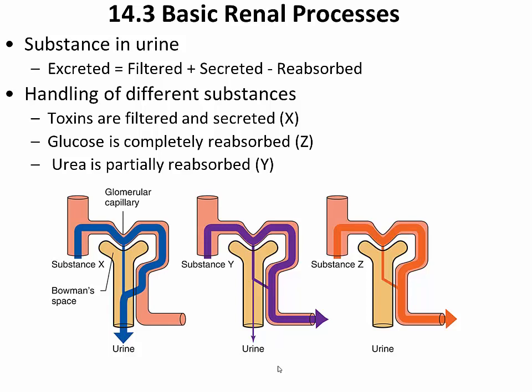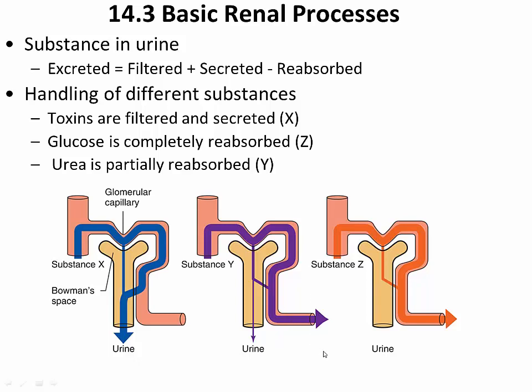And different products are handled in different ways, and we see depictions of each of these three manners on the screen. So toxins, for instance, like we see here, are filtered to some extent, and then whatever is not filtered is very likely, hopefully, we should say, secreted into the tubule and then leaves the body in the form of urine.